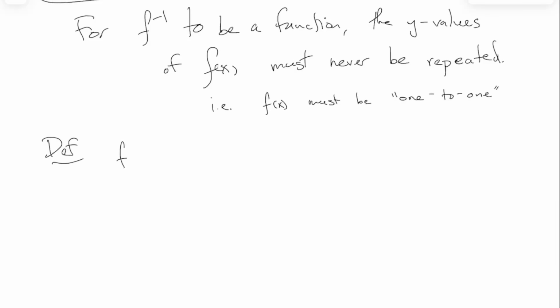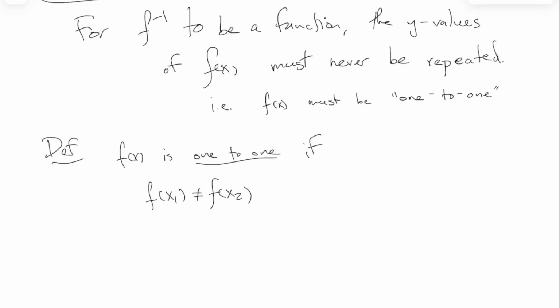What does it mean to be 1-to-1? F of x is 1-to-1 if, and I'm giving you the definition, f of x1 is always different from f of x2, that is, for any two different x values you choose, the y values are always different.